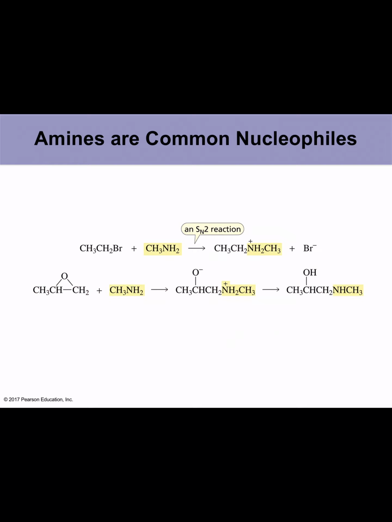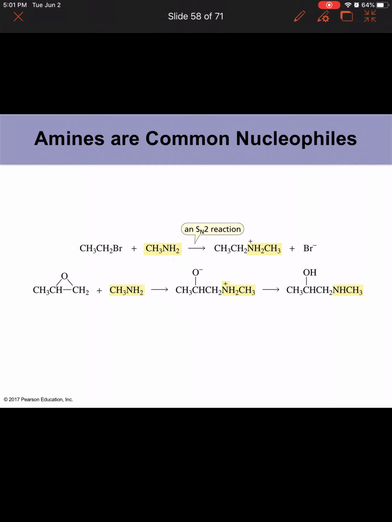Amines are also common nucleophiles because they have a lone pair on the nitrogen that can act as a nucleophile. So this is ethyl bromide in the presence of methylamine. It's going to undergo an SN2 reaction. Okay, so how does the SN2 reaction take place?